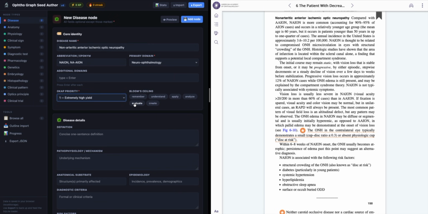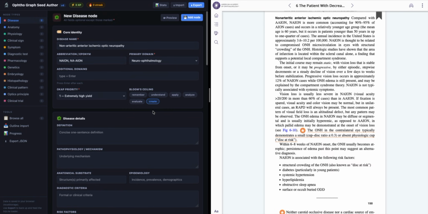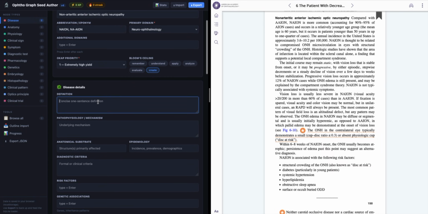So I would say that you probably, at least to the evaluate, if not the create level. I'm going to select create just because for people who might be doing fellowships, etc., they might be under that create level. Okay, so we need a concise one-sentence definition for NAION.